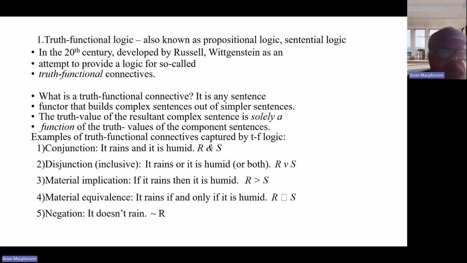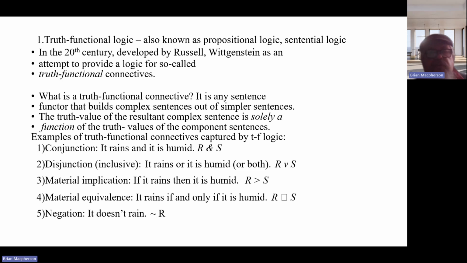Okay. So first of all, they were trying to provide a logic for parts of language with truth functional connectives. So what is a truth functional connective? It's any sentence function that builds complex sentences out of simpler sentences. Moreover, the truth value of the resultant complex sentence is solely a function of the truth values of the component sentences, right?